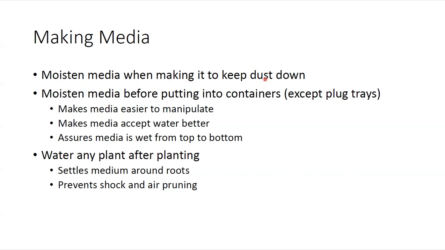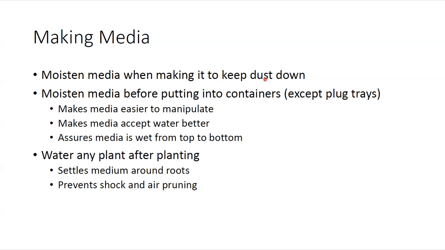Now, this moistened media is important to keep the dust down. But remember, a couple slides ago, I talked about the peat mosses, those organic portions of the growing media materials. We want to wet those beforehand. Essentially, you'd want to wet that the night before, allow it to completely absorb all that water. It also makes breaking down that material much easier, because it generally comes in compact bales and you need to break all of that up.